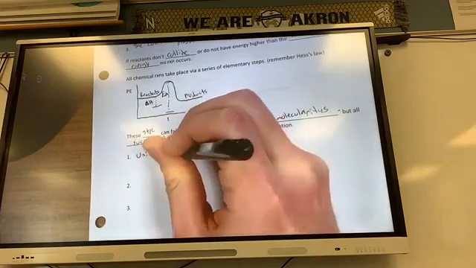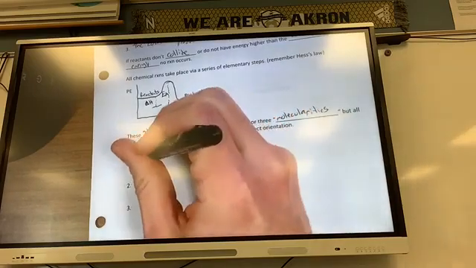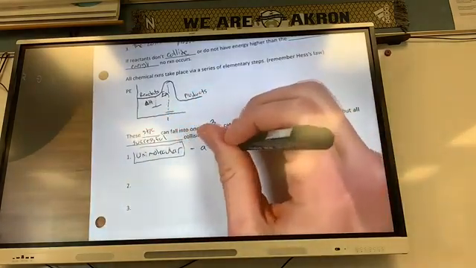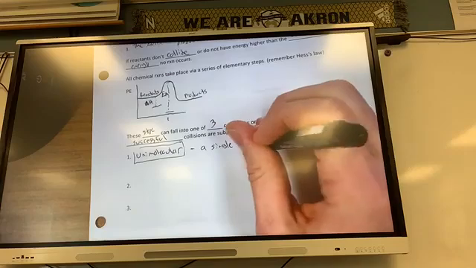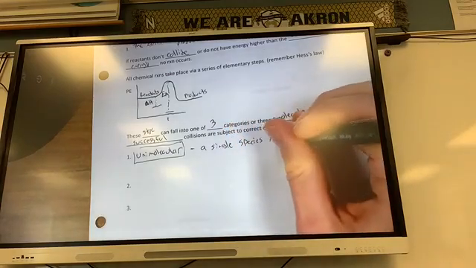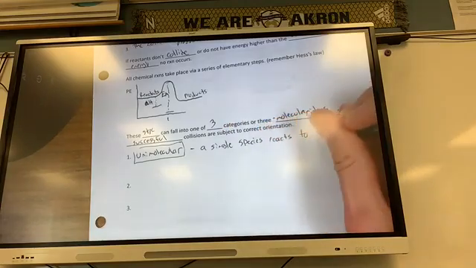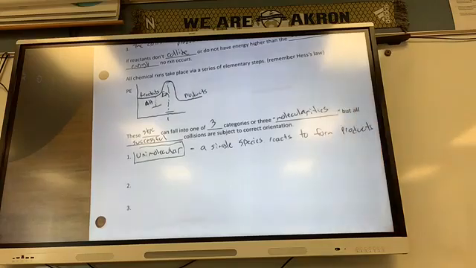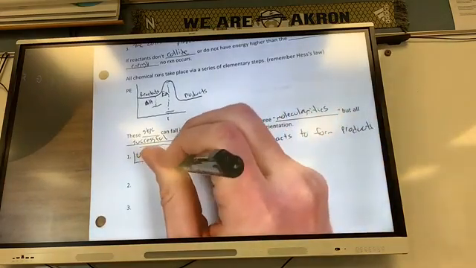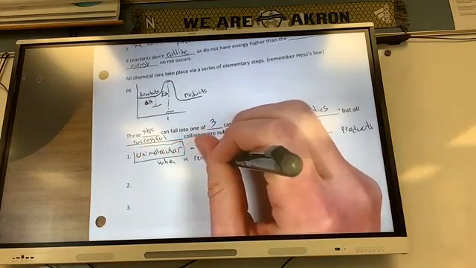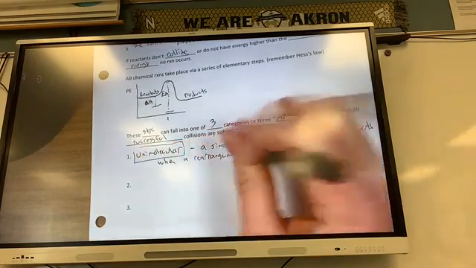And you're going to probably know what this is. Unimolecular, any guesses of what that means? Yes, a single species. A single species reacts to form products when a rearrangement occurs.